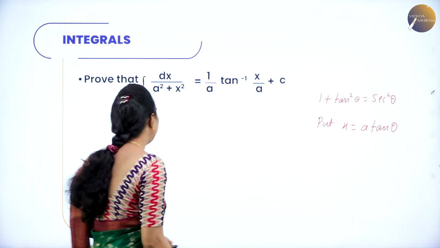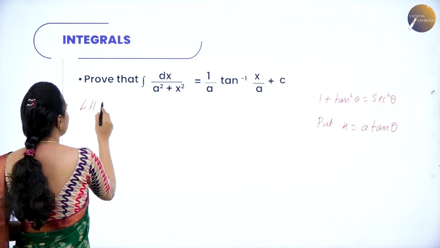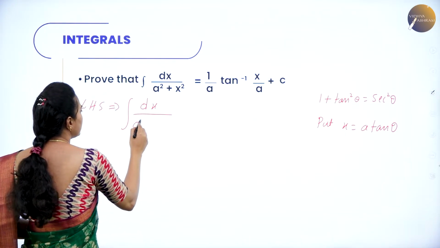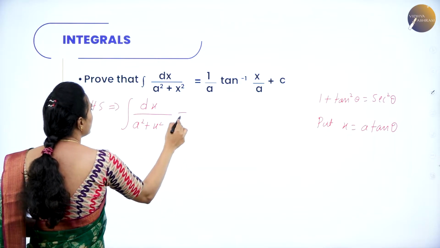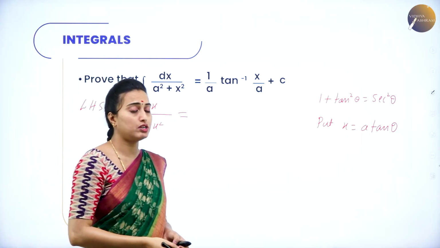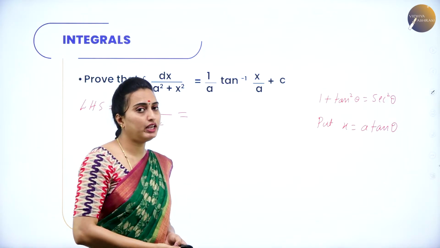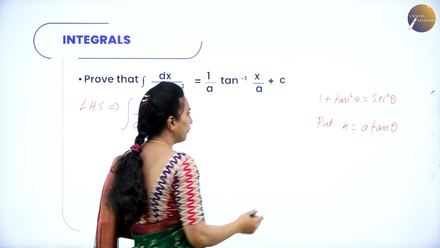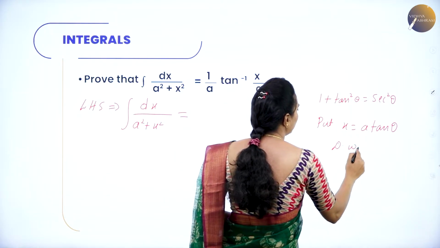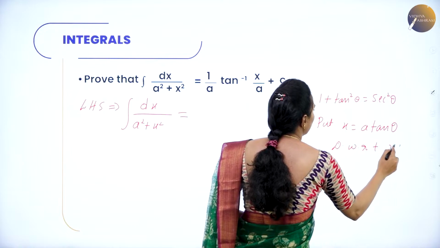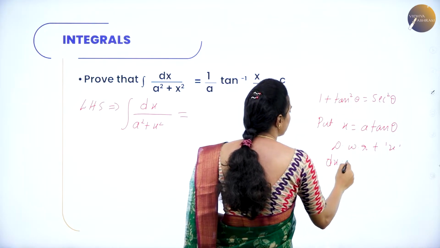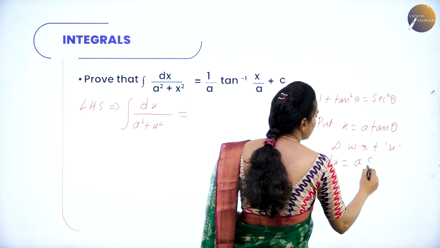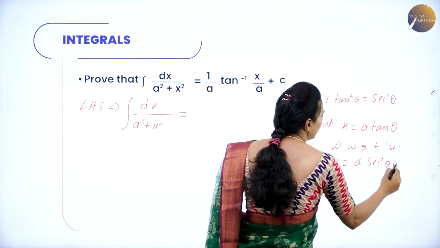So here let me write this left hand side. Left hand side implies integral of dx divided by a squared plus x squared. Now if I am going to do the substitution method, all terms should be in terms of theta only. So differentiating with respect to x, you are having 1 into dx is equal to a into, a is a constant, differentiation of tan theta is nothing but secant squared theta into d theta.